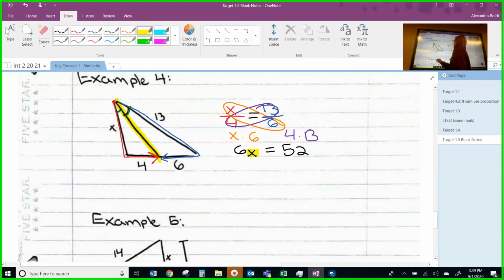Here's my x that I'm solving for. So I'm going to divide both sides by 6, because those cancel, and x equals, and you either get 26/3 or approximately 8.7.